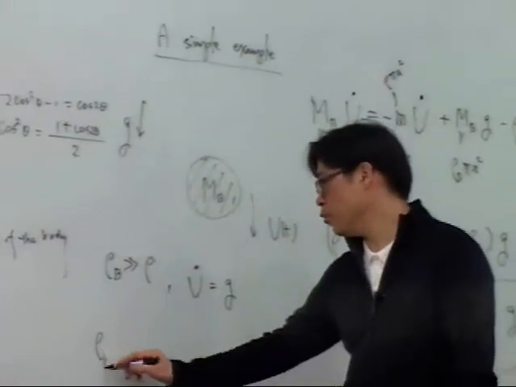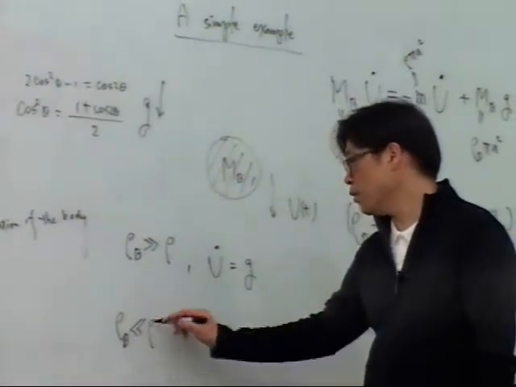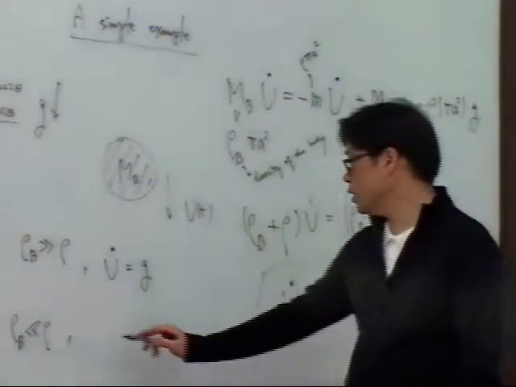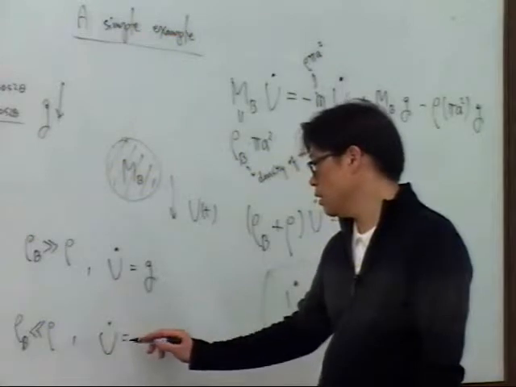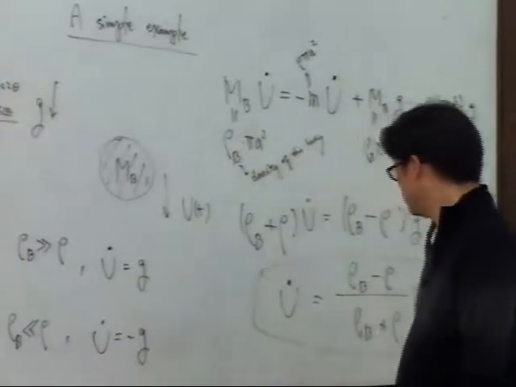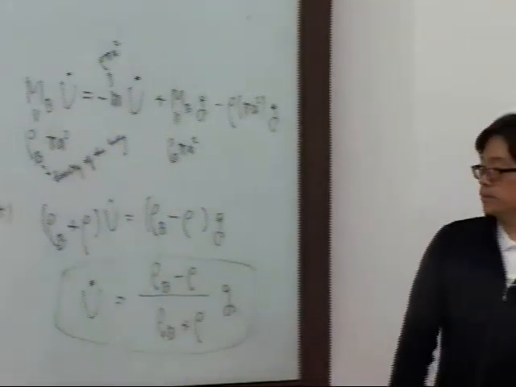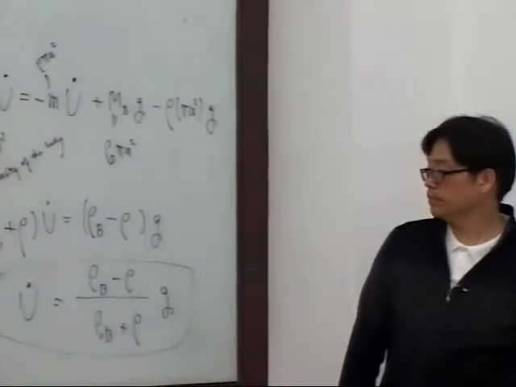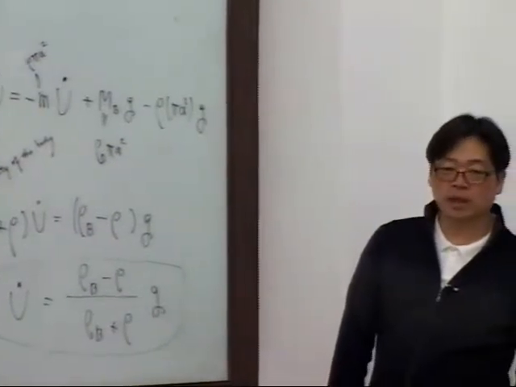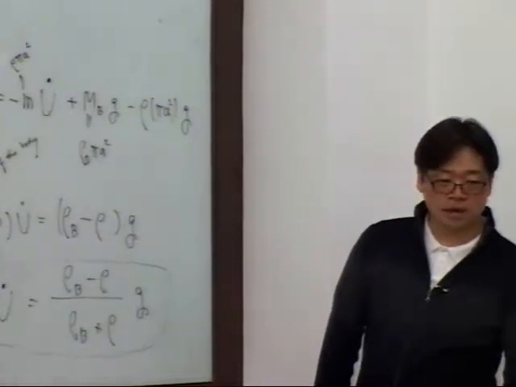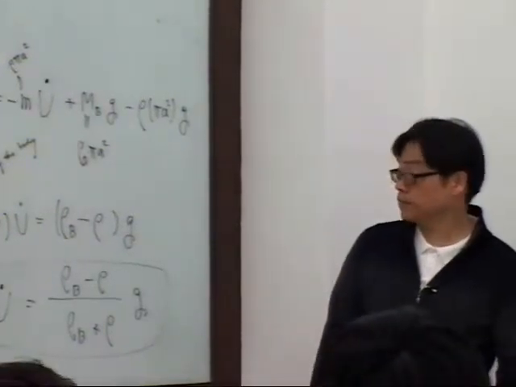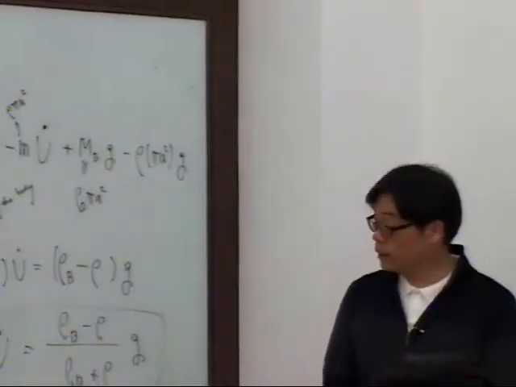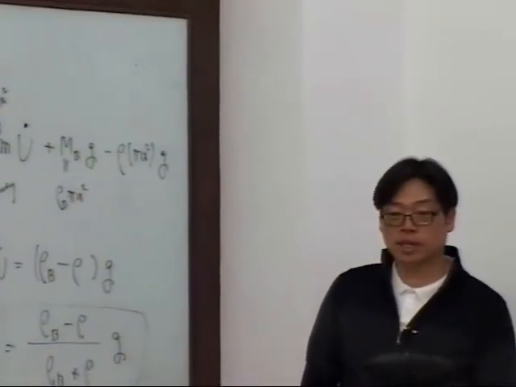On the other hand, if rho b is much less than rho, then we have minus g. So if the body is much heavier than the fluid, then the acceleration is nothing but gravity.